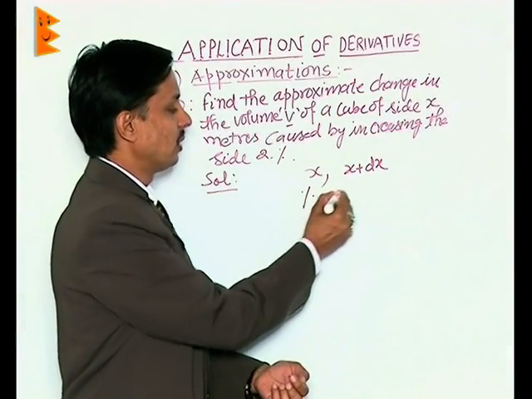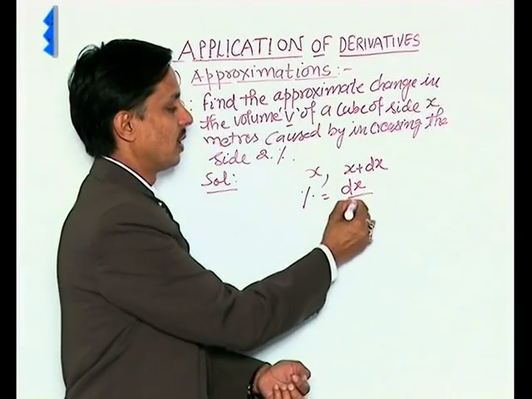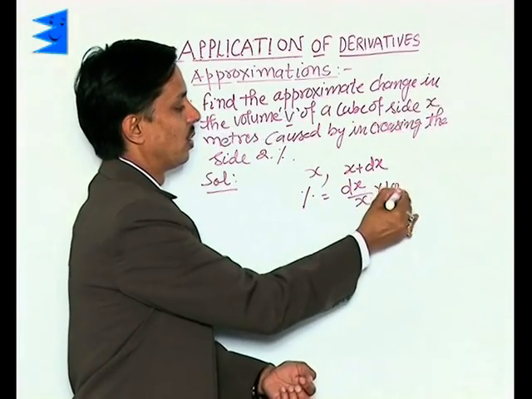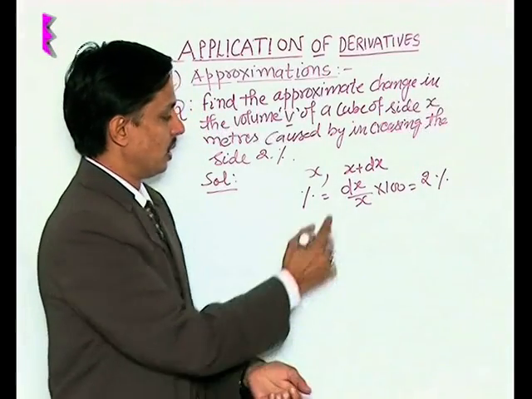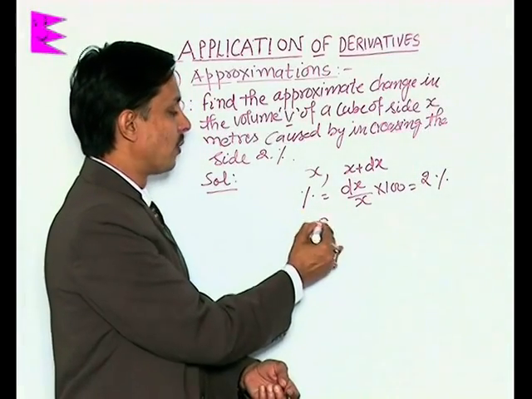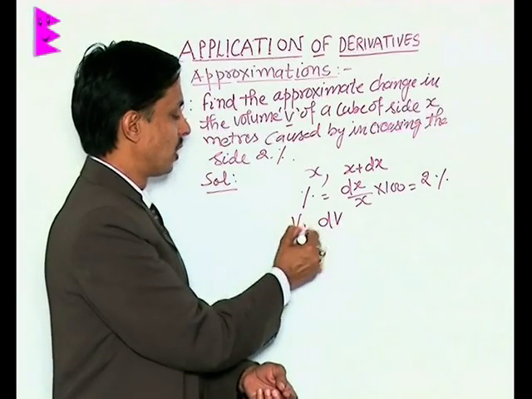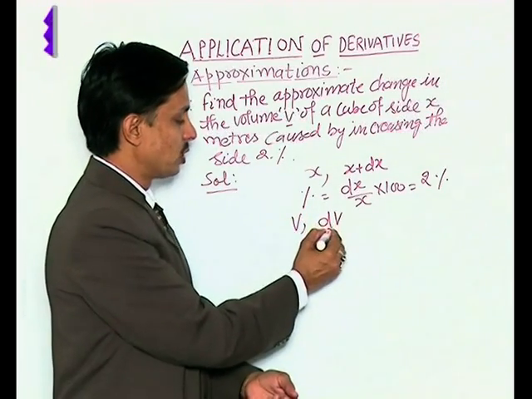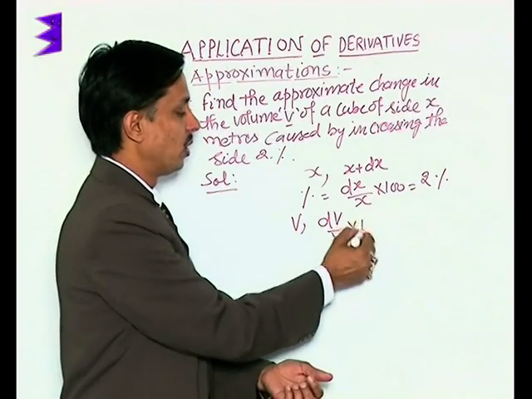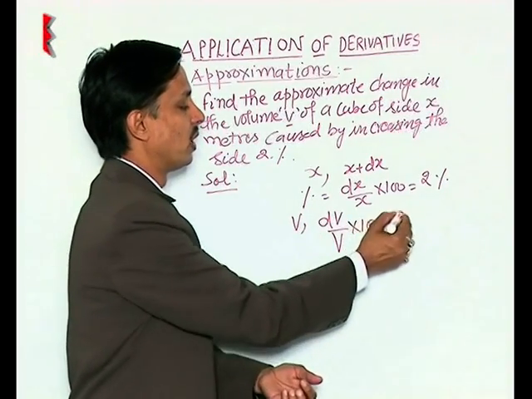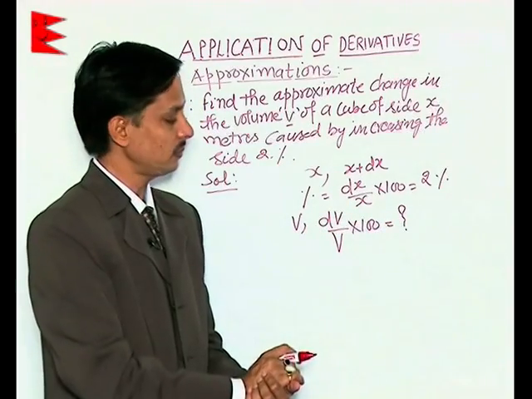Percentage is given, that is dx upon x into 100, and the answer is 2%. They are asking what is the change in the volume. Let us suppose the initial volume were V. The change observed is dV out of V into 100. dV upon V into 100 they are looking for.